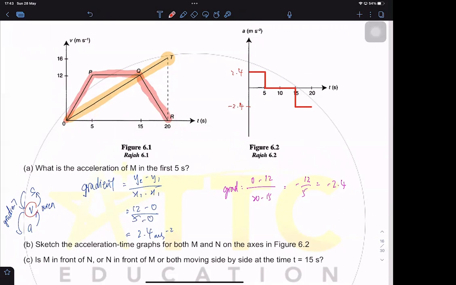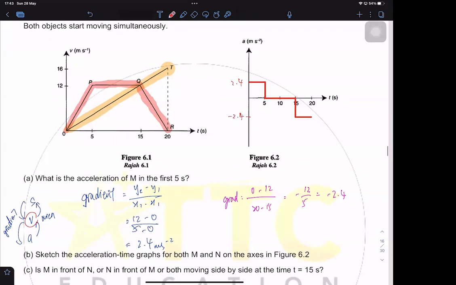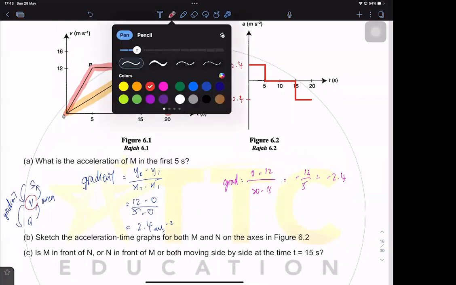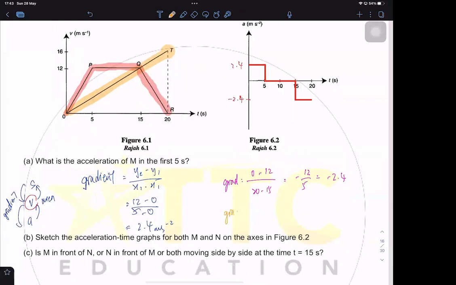Now, let's do the N car, the Norway car. For the Norway car, it's just one straight line increasing velocity. That means that it is constantly accelerating. The acceleration is constant since it's just one straight line up. So how much is it? Again, find the gradient of this line.